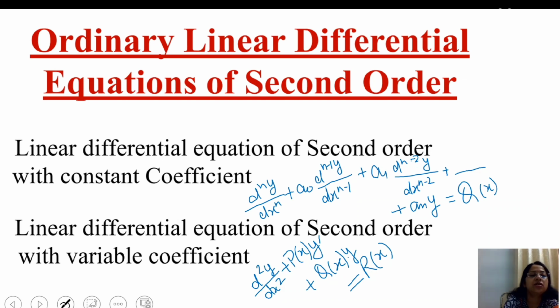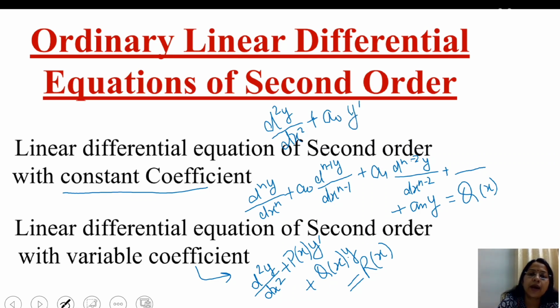Here I have mentioned two types of differential equations. This example is a second order linear differential equation with variable coefficients, and similarly I can write d2y over dx2 plus a naught dy over dx, that is y dash, plus a1 y is equal to some function of x.